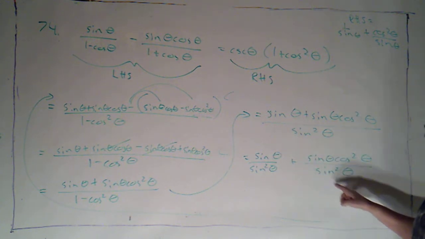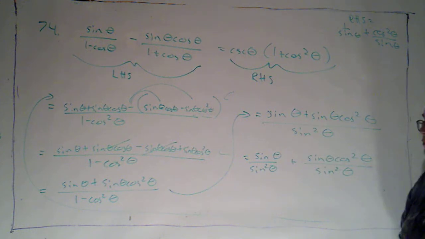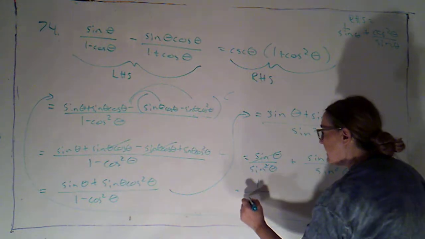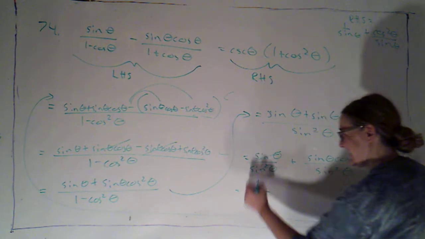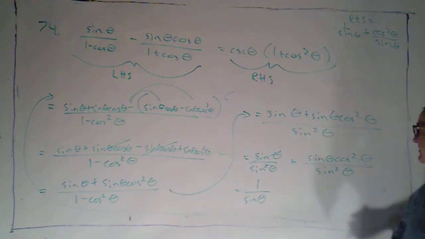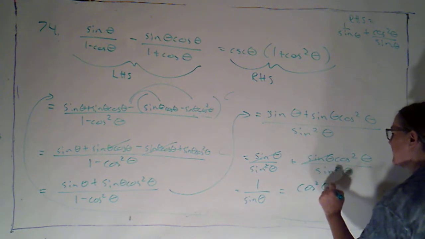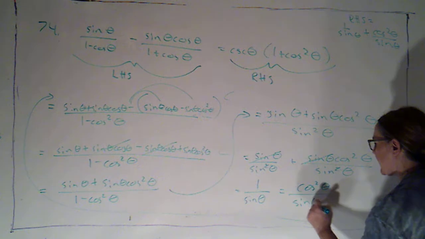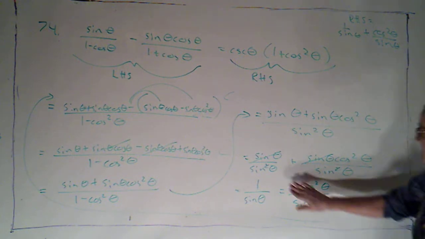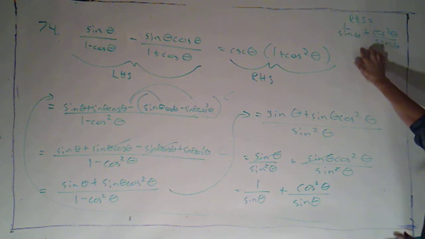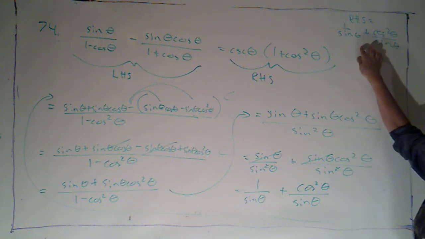And now in both of these fractions, I can cancel one factor of sine. Now if I do that, I've got a second factor of sine here that's left over in the denominator. If I do that here, I've got the cosine squared left over on top and one factor of sine theta left on bottom. Whoops, that's a plus, not an equals. Okay. And if I take a look, that's what we had simplified the right-hand side to.